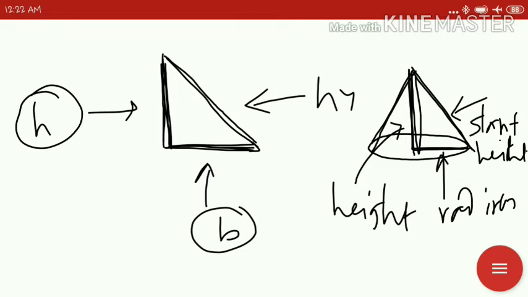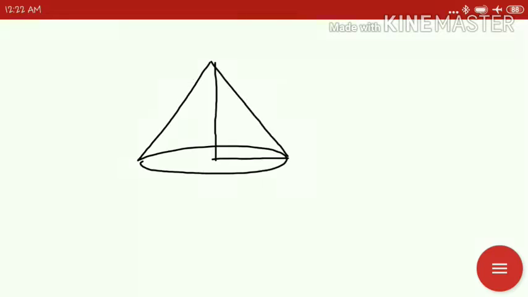Now we will move to the area or the surface. Like other 3D shapes, it has two surfaces. In the cylinder I told you there were two plane surfaces and one curved surface.